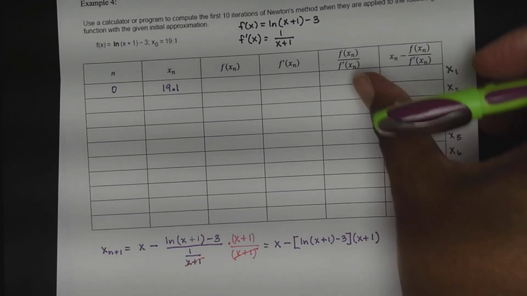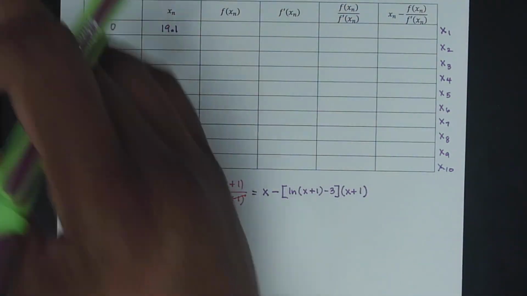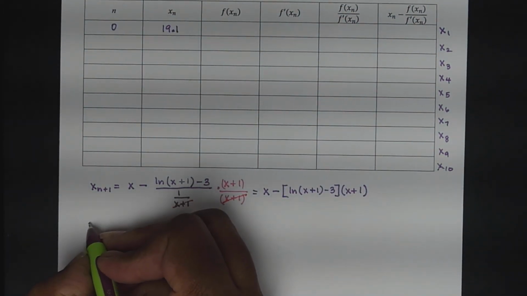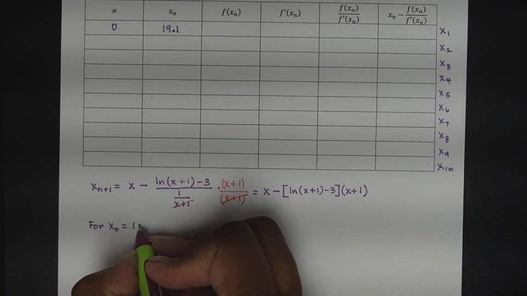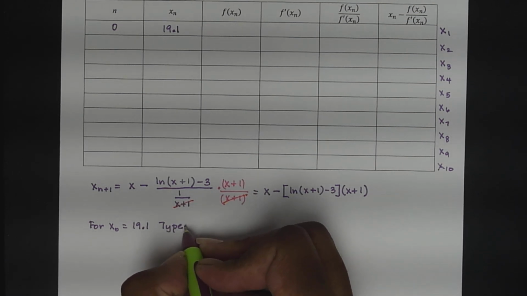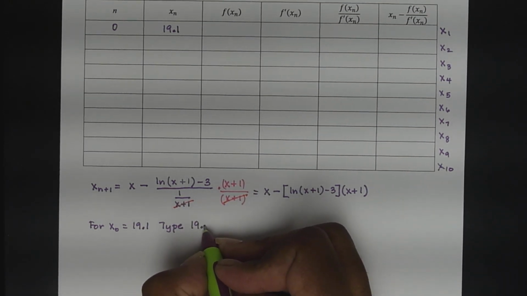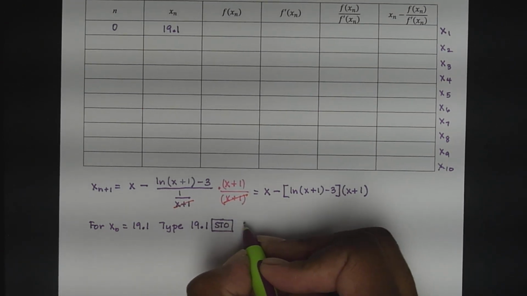Now, let's store our initial approximation in x. For x sub 0 equaling 19.1, here's what we type in. Type in the 19.1, press STO to store it in x.